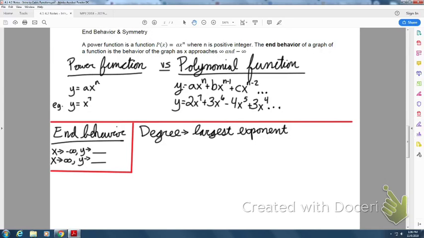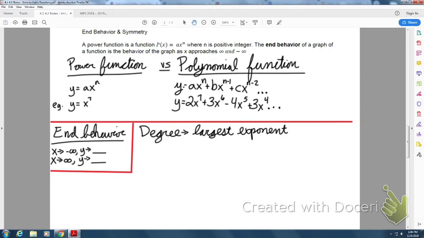If I didn't have that first term, and it started off with 3x to the 6th, that's a 6th degree polynomial. Okay? That's the biggest. If it's written correctly, it's the first exponent.